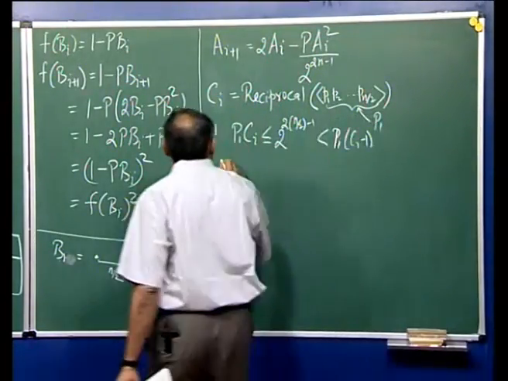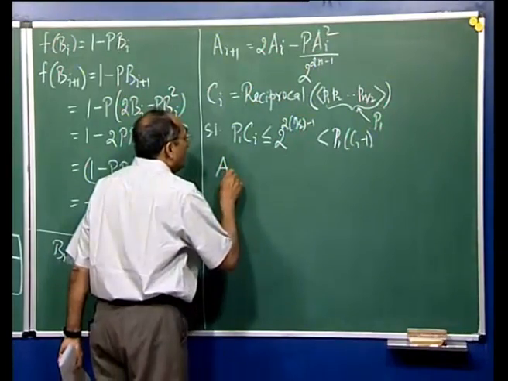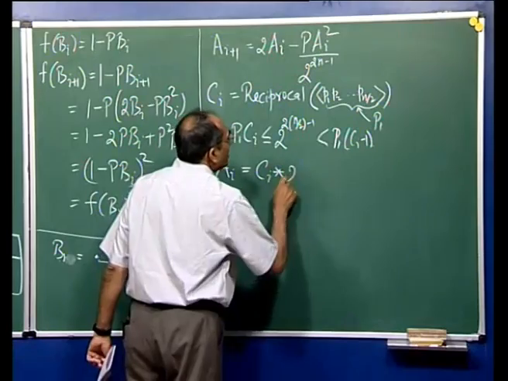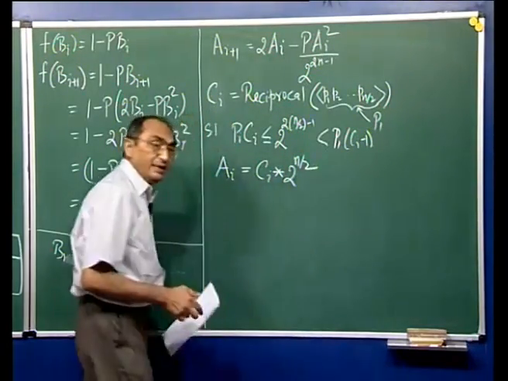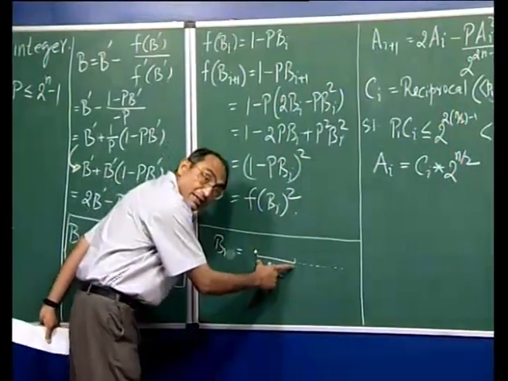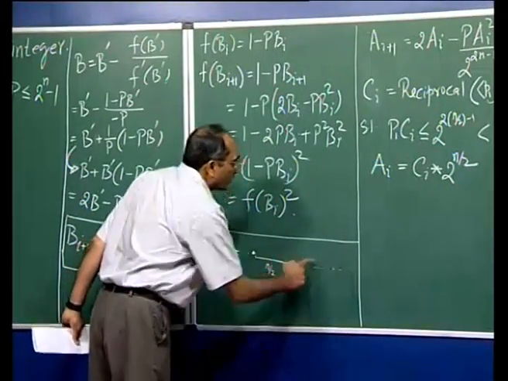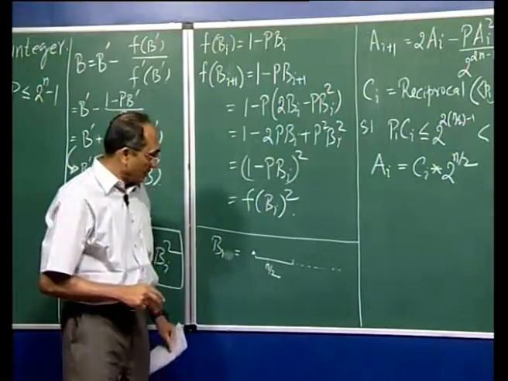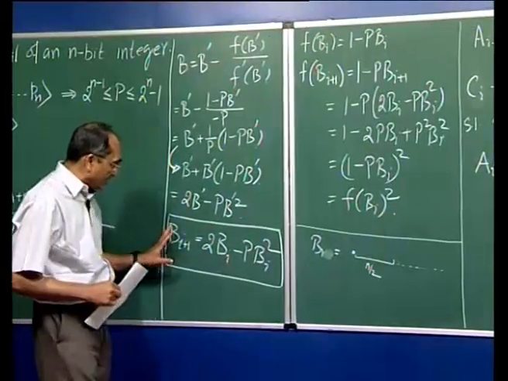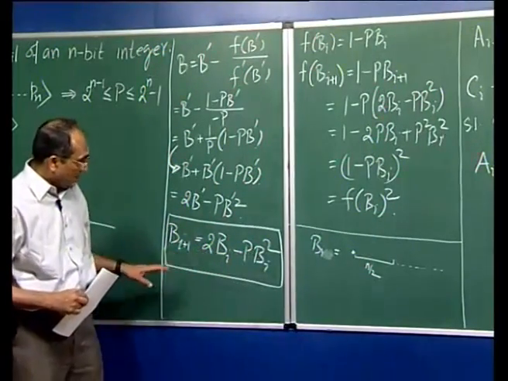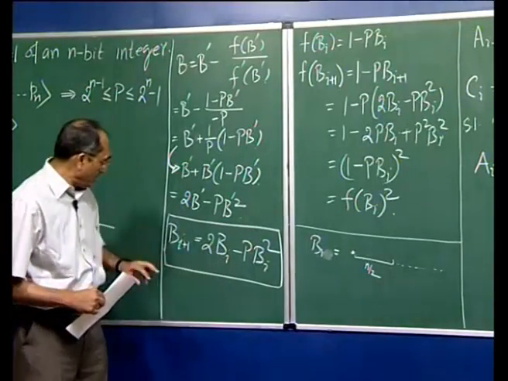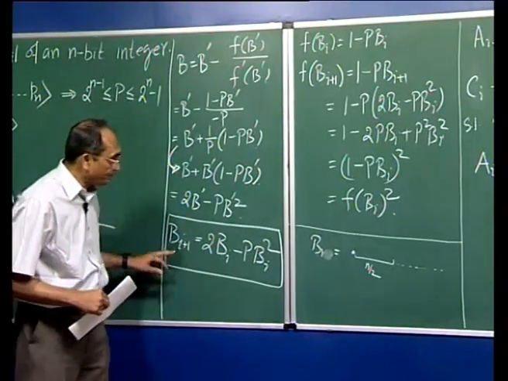In that case, we will then make a I to be c I into 2 to the power n by 2, we will extend it to an n bit number. Notice that I got this accurately, and then I am just putting zeros because I do not care what there is. Our iterative recursion says that all we need is accuracy of n by 2 bits here to get an n bit accuracy over here.